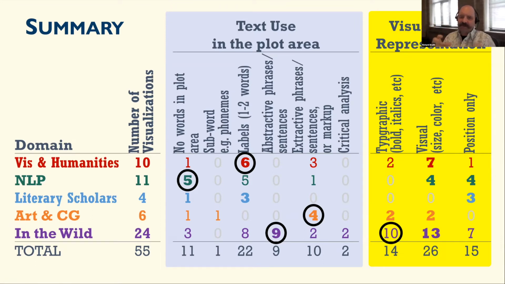They're using phrases and sentences that might be summarizing something about the text, for example. And so you see very different kinds of uses of text. So all of these are really interesting cues that we could be using when we create visualizations of text.